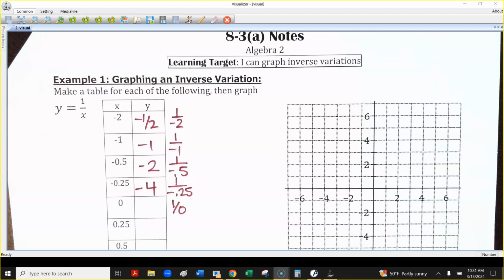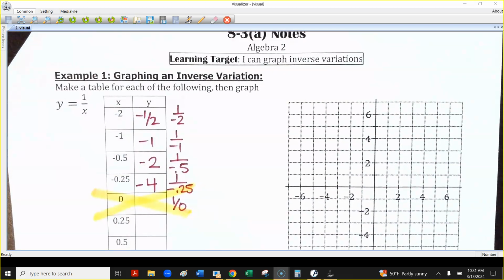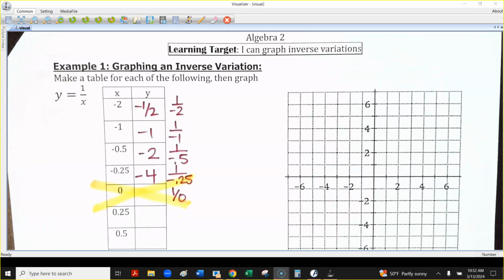It's at least 1. So you cannot divide by 0. It's not defined. So this is going to create an asymptote on the graph, which we talked about with our exponential. These graphs will have asymptotes, but you cannot divide by 0. That is illegal, just like you can't take the log of a negative number or the square root of a negative number. You cannot divide by 0.